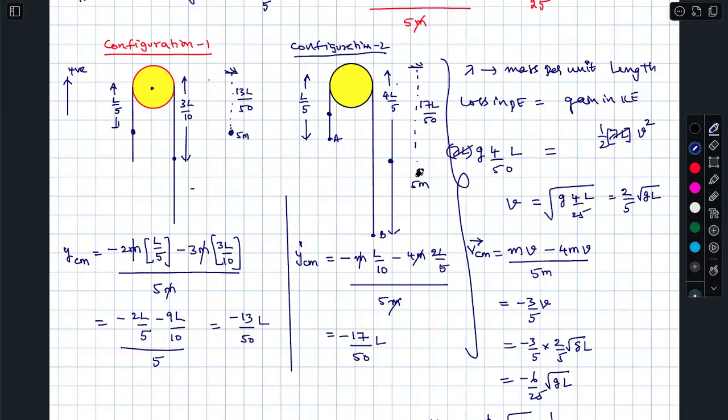The entire mass 5m is located at 17L by 50, which means you can see that there is a displacement of the total mass by what amount? 2L by 25. Potential energy is lost. And how are you accounting for that loss? Gaining kinetic energy. Got the point? Right.